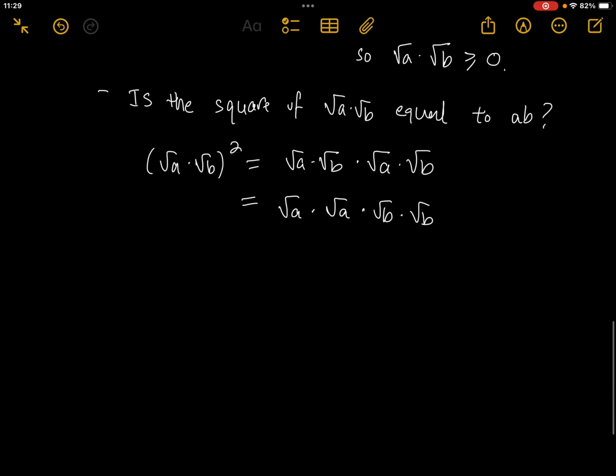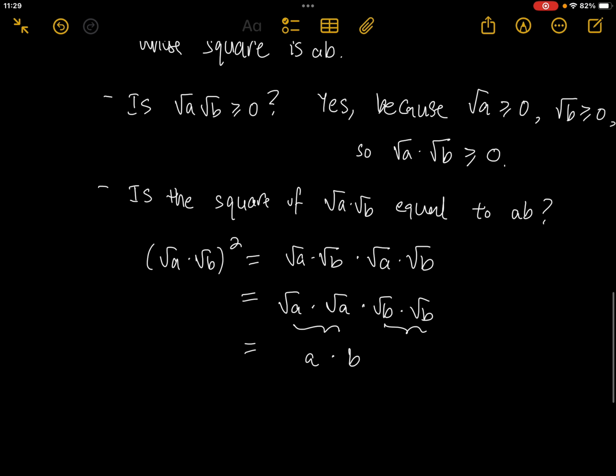I'm just swapping the square root of b and the square root of a inside. And the square root of a times the square root of a, what's that equal to? That's equal to a. And the square root of b times the square root of b is b. So yes, it is true that if you take the square root of a times the square root of b and square that, you do get a times b. So what have we just discovered?